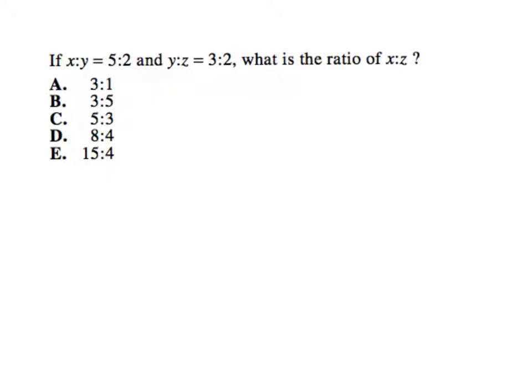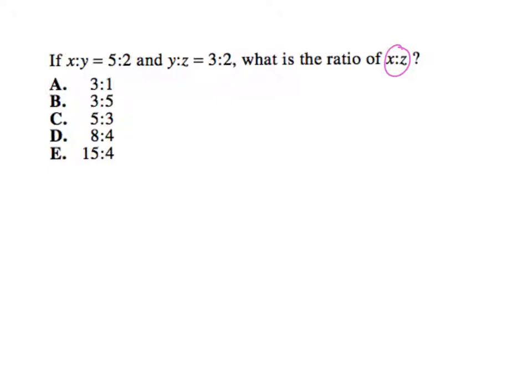All right, so this one's an interesting problem. So problem number 2 says that if x to y is equal to 5 to 2, and then y to z is 3 to 2, what is the ratio of x to z? Okay, first off, when I'm seeing a problem like this, what I'm trying to do is figure out how to get x and z.